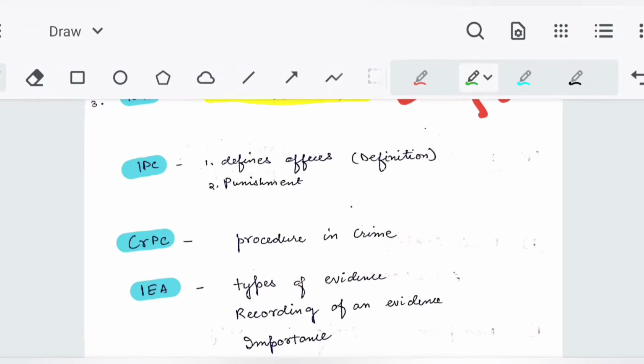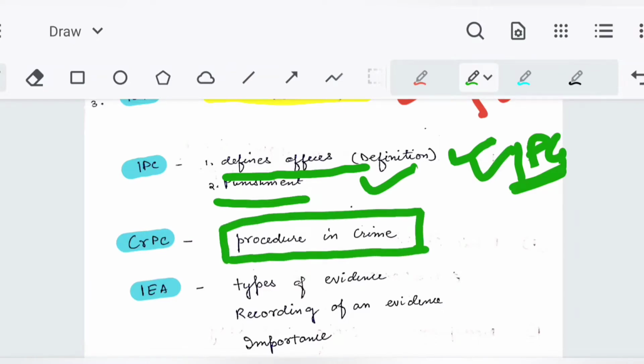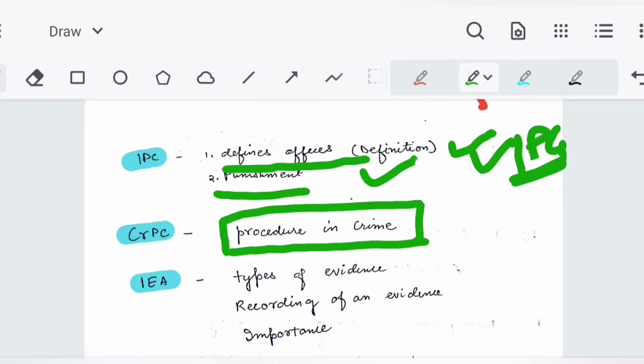IPC will define the offences. There will be a definition of the offence and the punishment for the offence. So IPC deals with the crimes, their definitions and the punishments. CrPC deals with the procedures involved in the crime or in the examination.